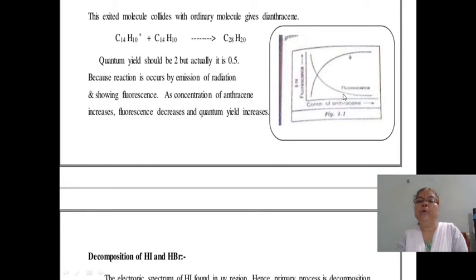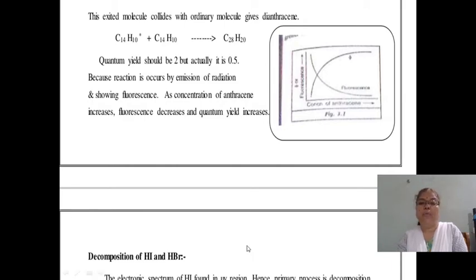Due to the re-emission of absorbed radiation, fluorescence occurs, and this is the reason behind the low quantum yield. Instead of having the quantum efficiency 2, we actually get the quantum yield 0.5. This is an example of low quantum yield.